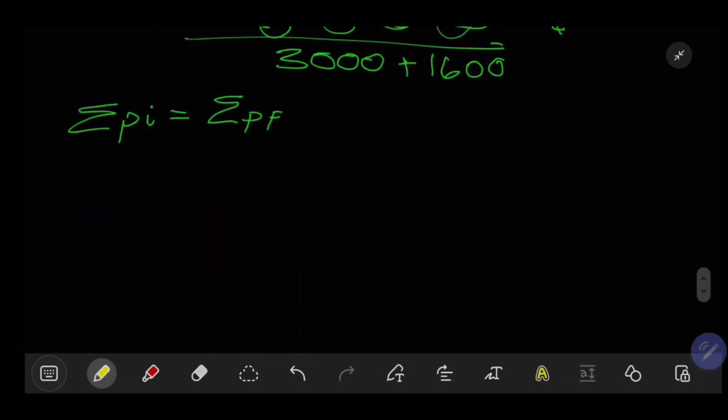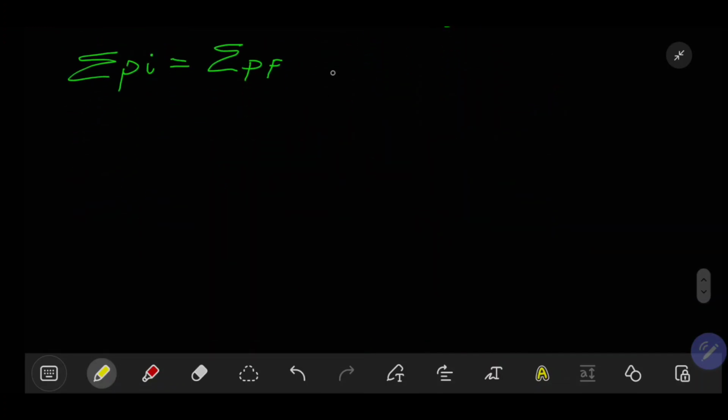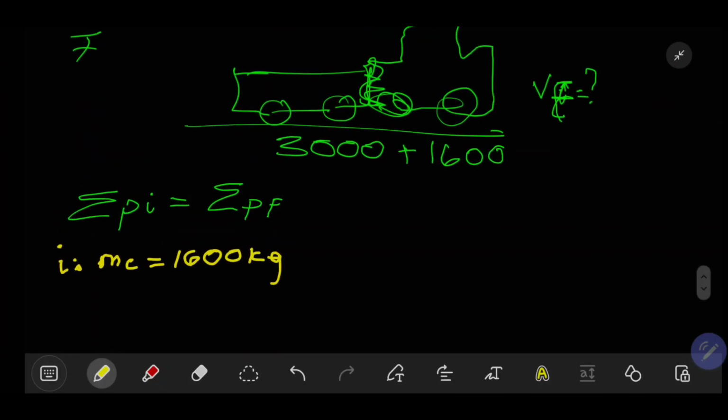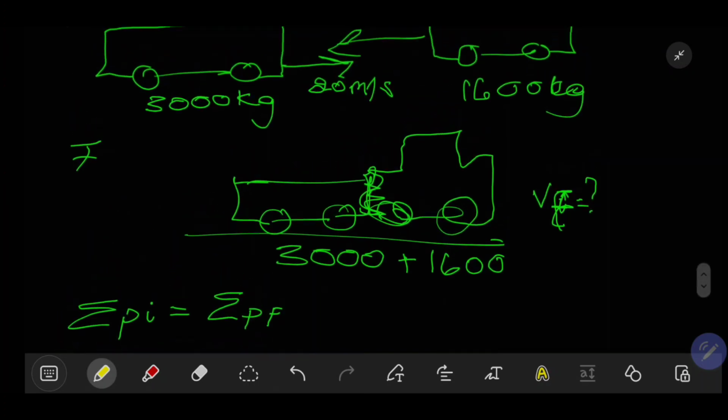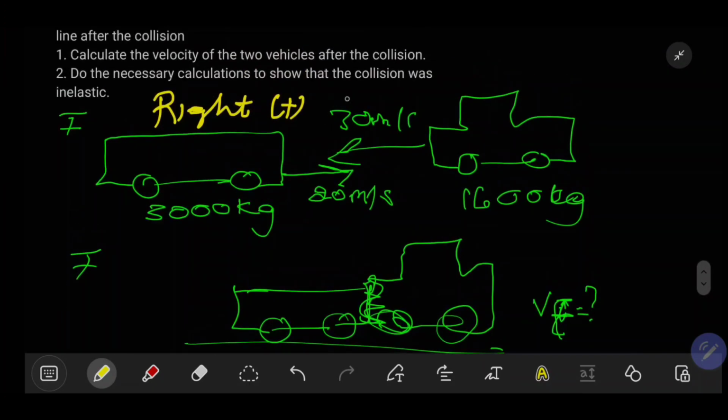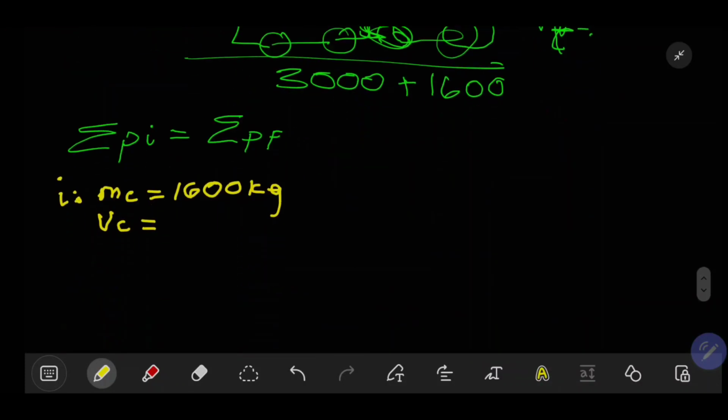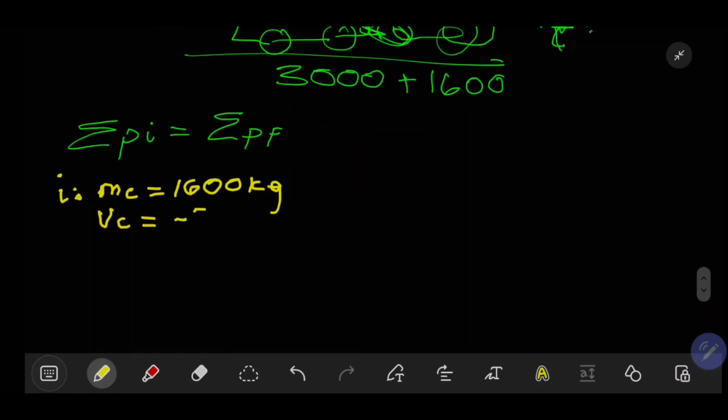Initially, we had a car of mass 1600 kg with a velocity of 30 meters per second to the left, so it will be negative 30 meters per second.